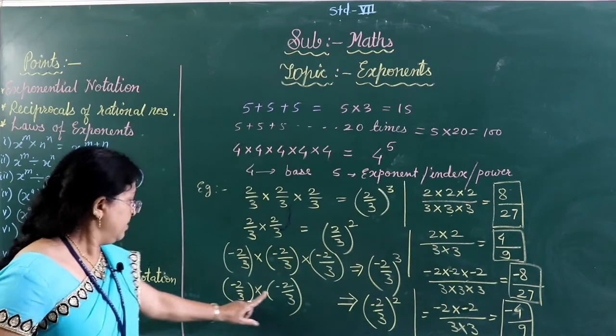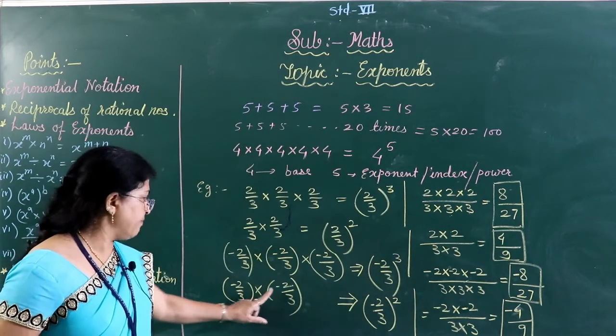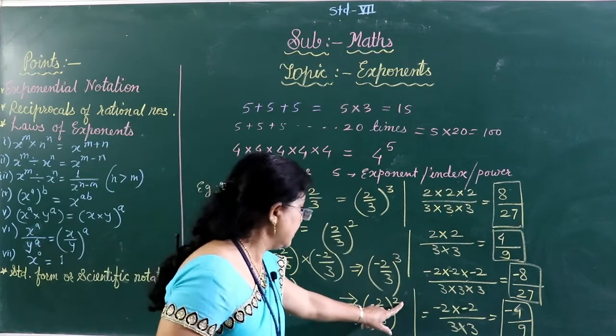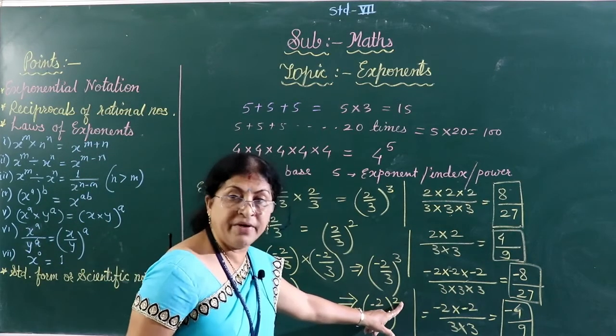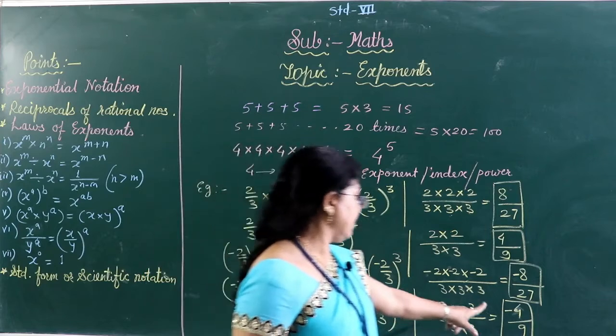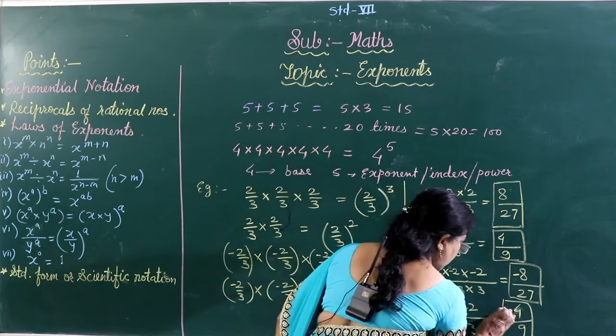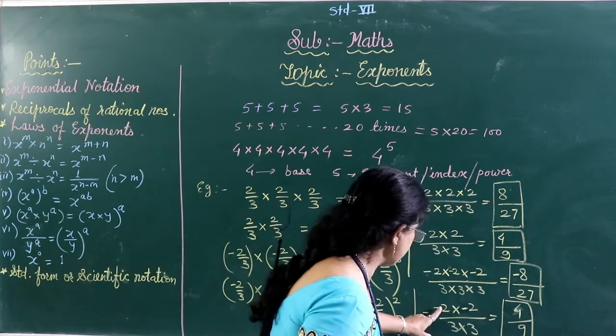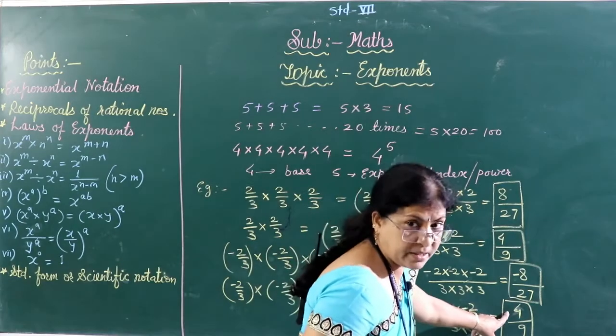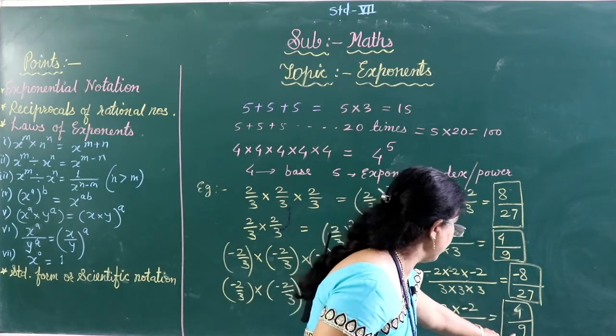Similarly here, negative rational numbers after multiplying have an even exponent, so the answer is not negative, here it will come positive, because minus will become plus. So here you will get 4 upon 9.